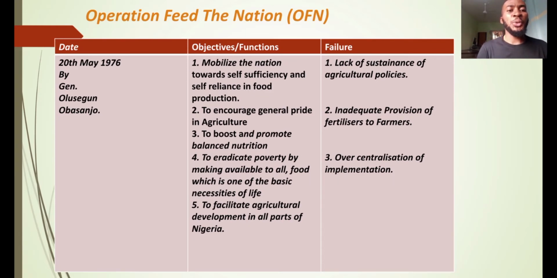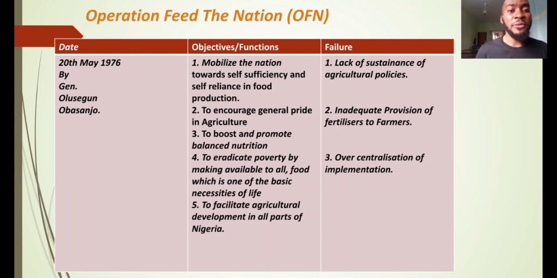There's a difference between processed or preserved food and unpreserved food. Their nutritional level is different. You will agree with me that the one that is not processed or preserved has more nutritional value than the one that was preserved.